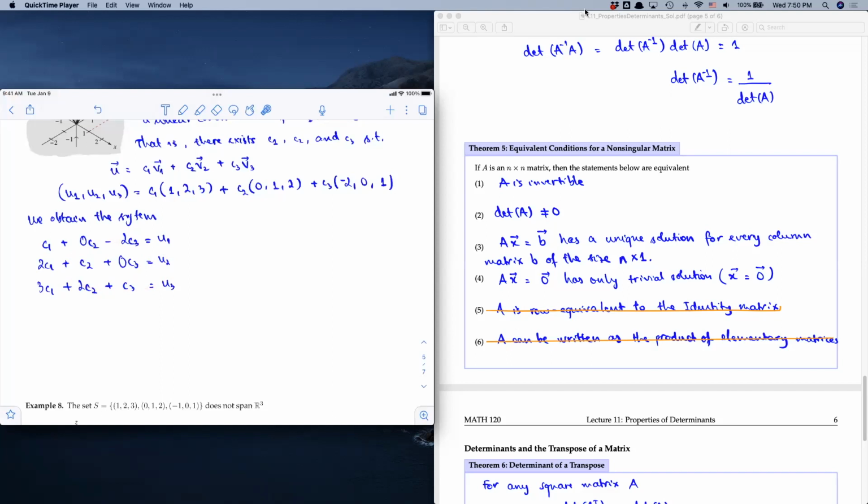And if C1, C2, C3 exist, then we can conclude that the set S is a spanning set, or the set S spans the entire R3. Okay, so the job now is to look at the coefficient matrix, find its determinant, and hope that we have a non-zero determinant.